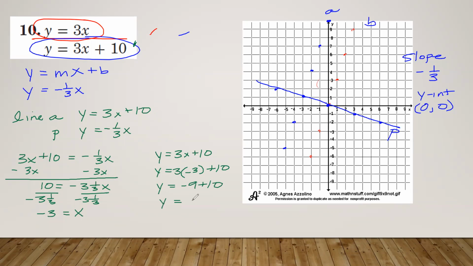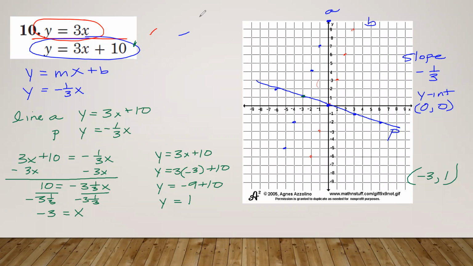So y is going to equal 1. And then finally, we have our second point here, right? We have x is negative 3 and y is 1. So we have our 2 points, which, remember, like I said earlier, notice it was at negative 3, positive 1. So I drew that graph accurately, and it was right on the money right there at negative 3, positive 1.